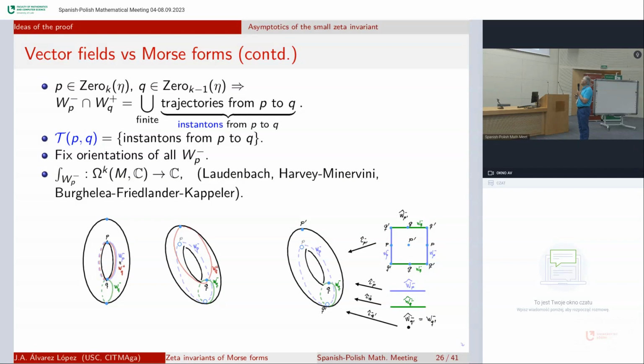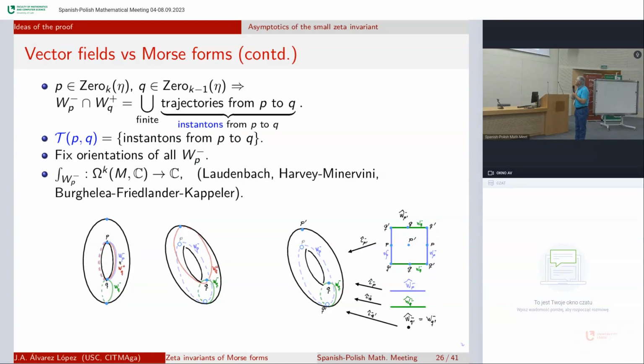The name was given by Witten, and they are called instantons because they stay very close to P almost all the time, and then in one instant it moves to close to Q and stays close to Q all the rest of the time.